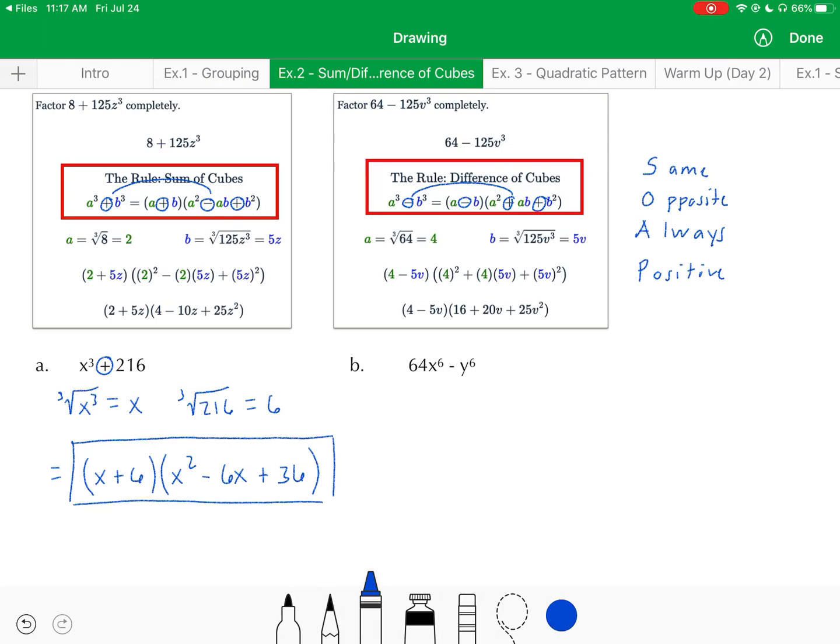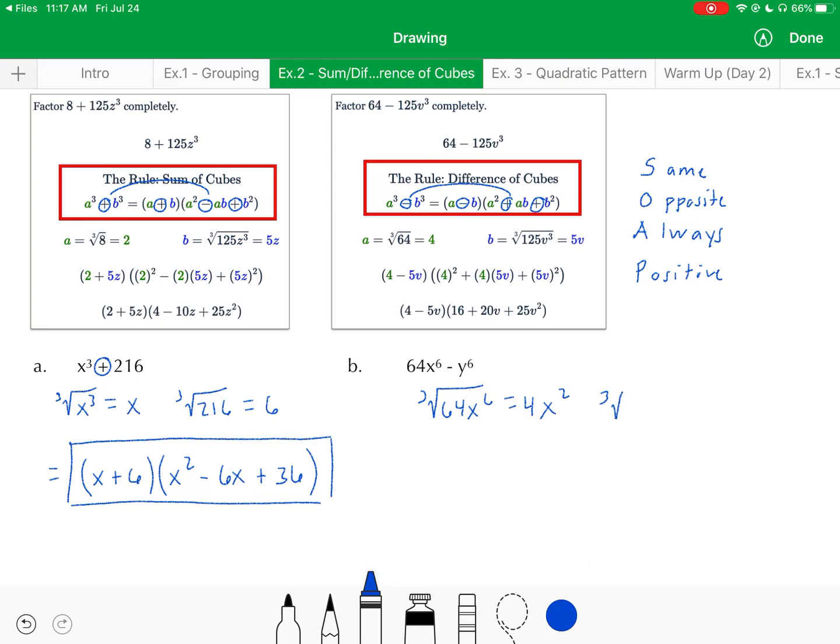All right. Second example, this is a difference of perfect cubes. So the cube root of 64x to the 6th, that would be 4x squared. Okay, and then the cube root of y to the 6th is of course y squared.